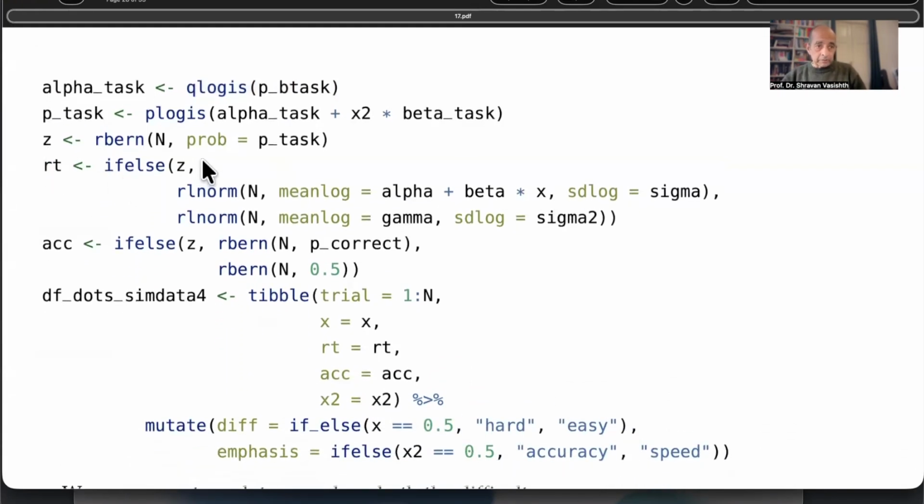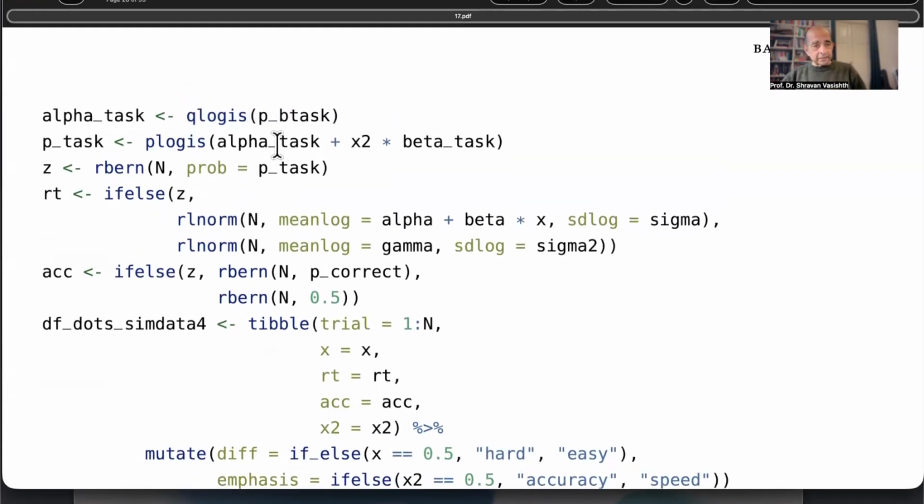Anyway, coming back from my digression and my rant, the indicator variable is now generated as a result of using this p task probability value that we just generated here. Now we produce a sequence of 1000 ones and zeros randomly, and then use those just like before to produce the reaction times, and to produce the accuracies.